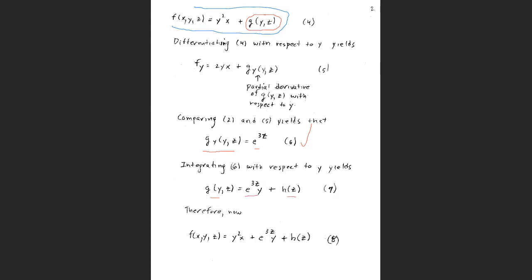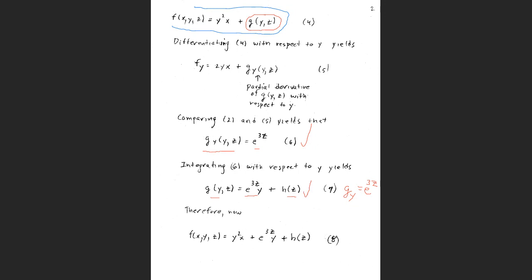If you take g and differentiate that with respect to y, you will get back e to the 3z power. So we have to write down the most general function we can write, and that's what we're doing here.